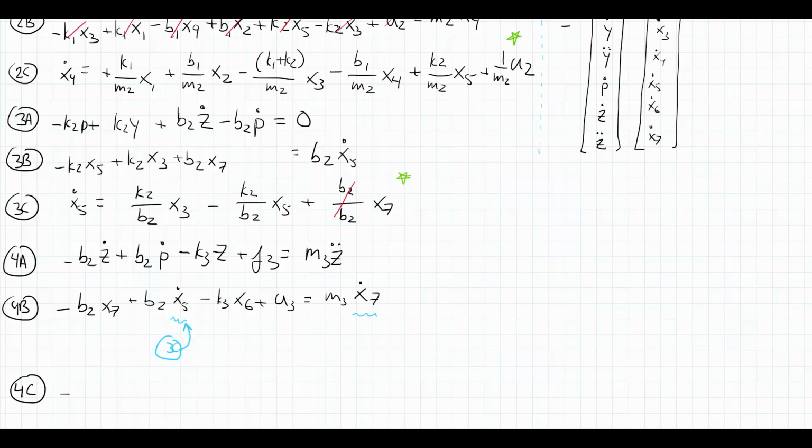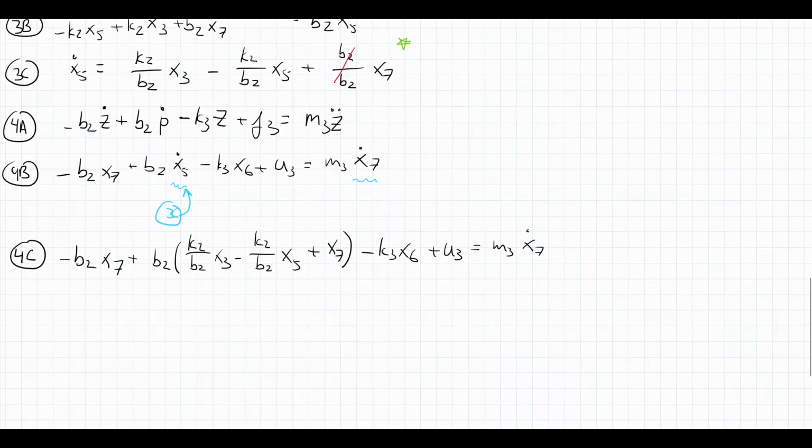So this will be negative b2x7 plus b2 times, and I'll just put in this whole thing for now. Plus x7, and then minus k3x6 plus u3 equals m3x7 dot.